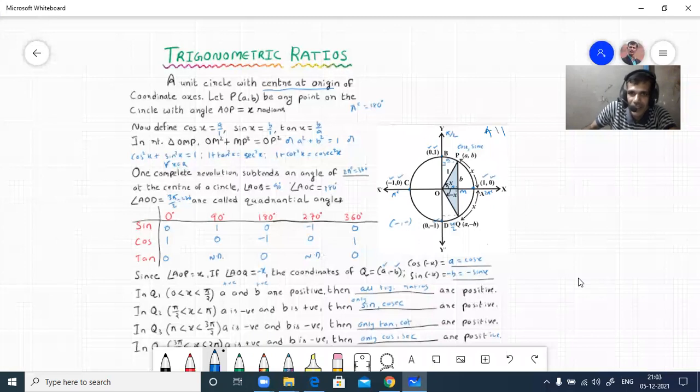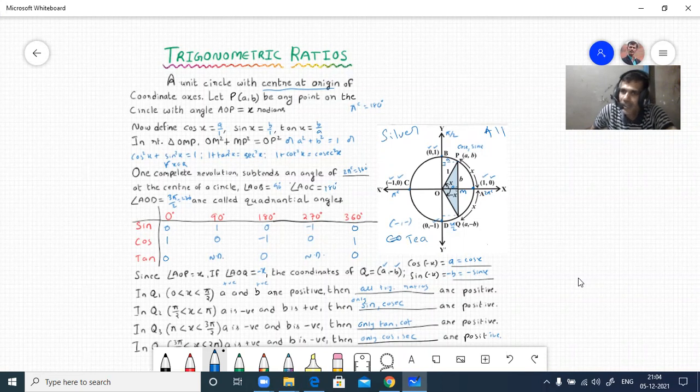In the second, sine and cosec are positive. In the third quadrant, tan and cot are positive. In the fourth quadrant, cos and its reciprocal secant are positive.